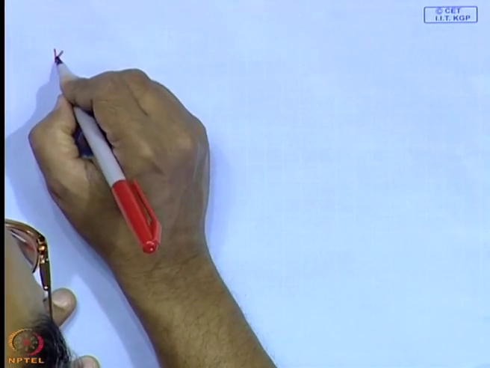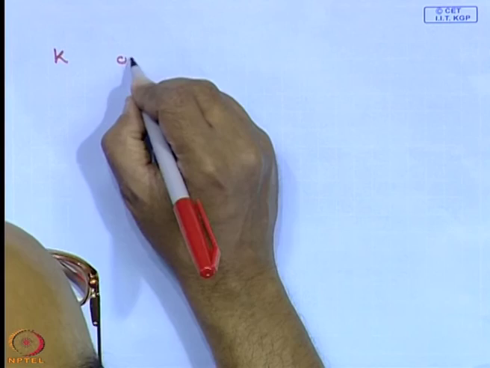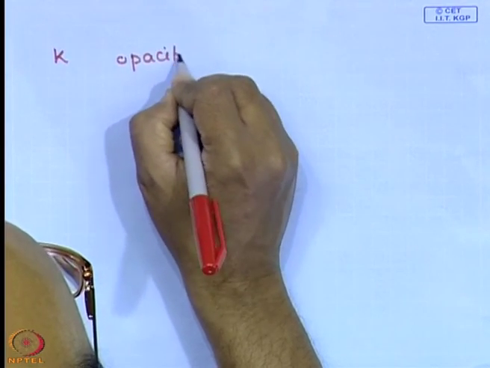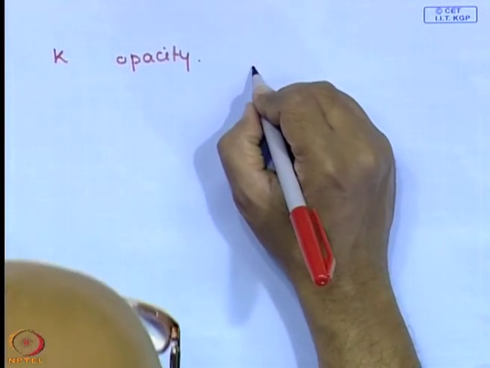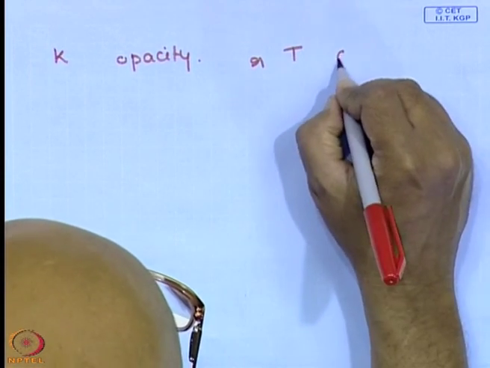And you need to be told this kappa, the opacity, and this again will be a function of r, T and the composition.